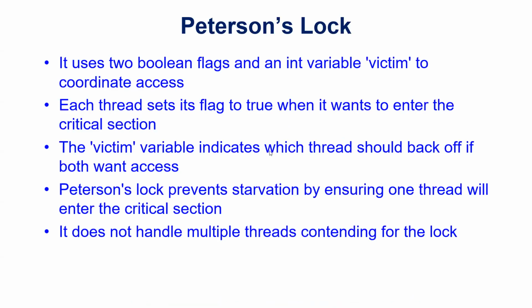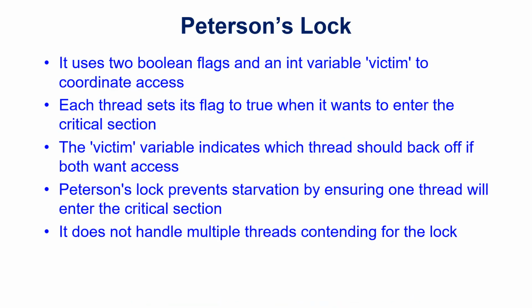Right, so I'll recap the previous locks. Initially we discussed the Peterson lock. The Peterson lock uses two Boolean flags, one for each thread, and an integer variable which represents the victim.